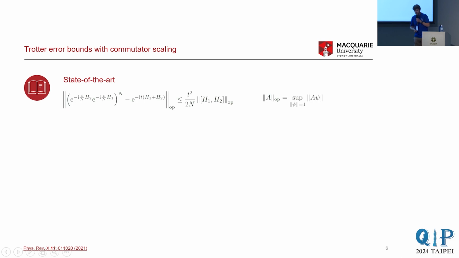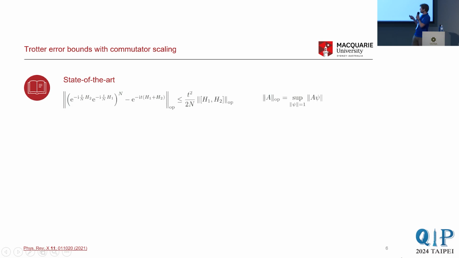The way people currently think about Trotter errors, in this very influential paper by Andrew Childs and collaborators, is with this bound here, which has a 1/n scaling and also a commutator bound. This is nice because if the Hamiltonians approximately commute, then the Trotter error becomes smaller.